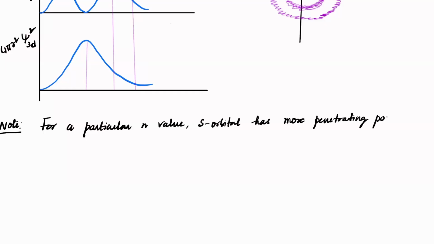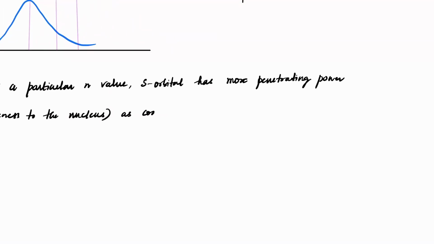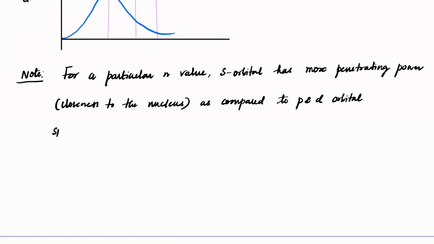Penetrating power means closeness to the nucleus, as compared to the p and d orbitals. So the penetrating power for a particular n value will be ns greater than np greater than nd greater than nf.